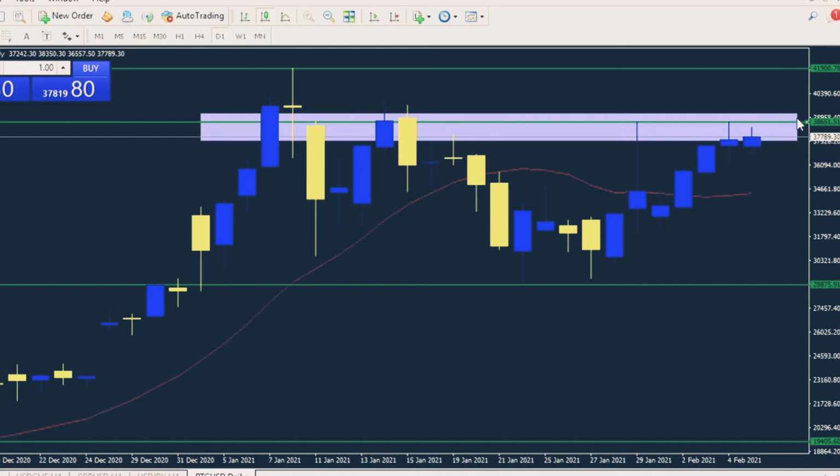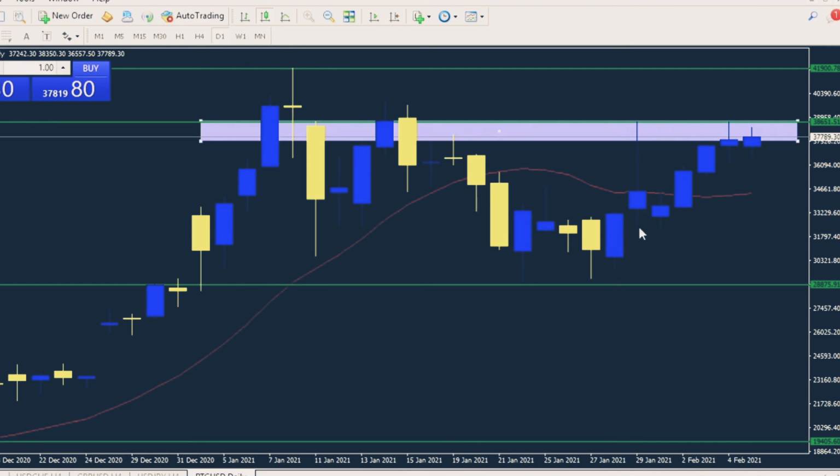If you take a look at this zone, remember we are just doing pure price action. If you take a look at this zone, the first thing you want to note is the momentum that these bullish candles took to reach this level, right? It started with this one, my cursor is on, then it went to this one. This one had a bigger momentum, but this supply zone is very huge, so the sellers are massive right there. They just brought this price down.